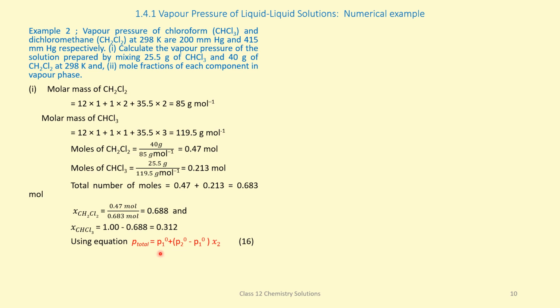Using the equation, P total is equal to P1 naught plus (P2 naught minus P1 naught) into X2.